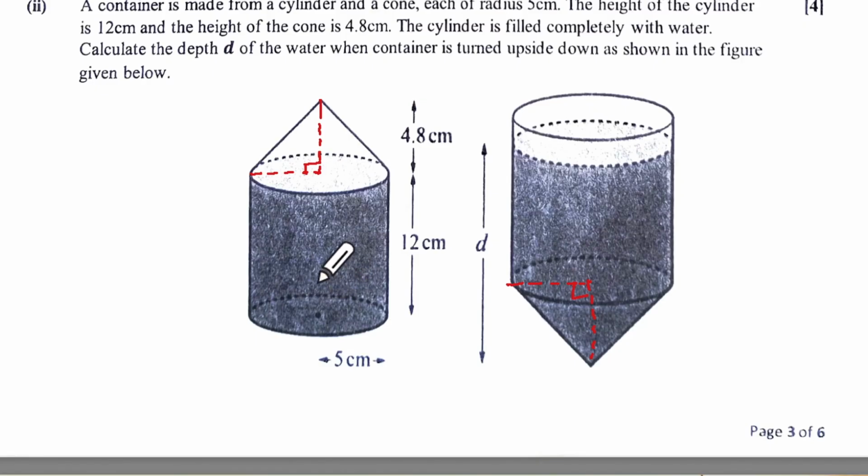Maximum you can do is just put dots here like this, and here show this level and do dots, so you know that water is there that side. From here to here show this 4.8 and call that as small h. Then show this dash line, show this 12 and call that as capital H. Got that?